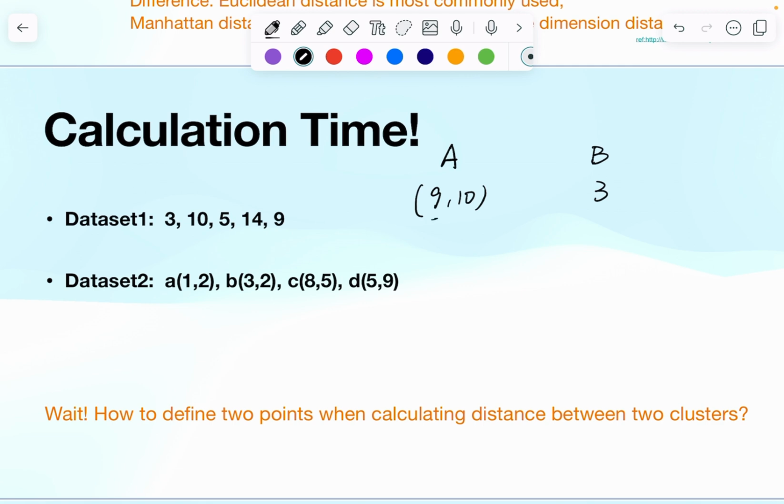Is it 9, or is it 10, or the average 9.5? According to this problem, we have designed 4 linkages.